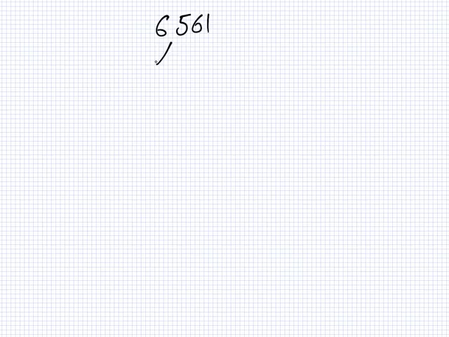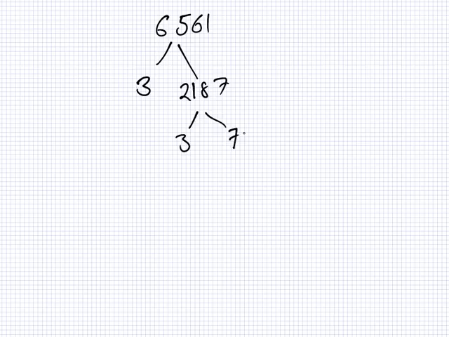So what goes into 6561? 3 divides into it. When you divide 3 into it, what do you get? 2187. You can put 3 into this as well. 729, 243, 81.